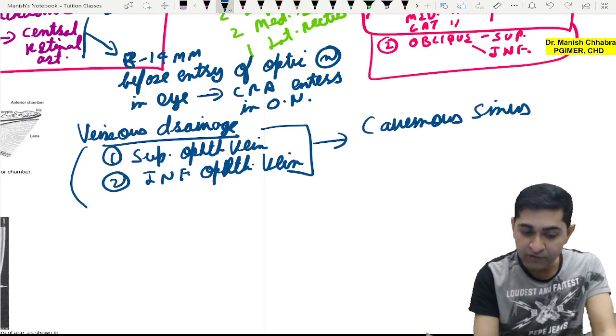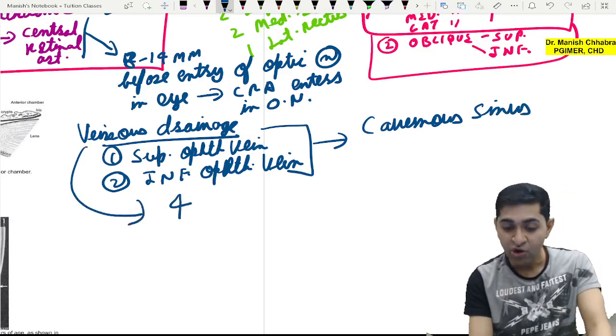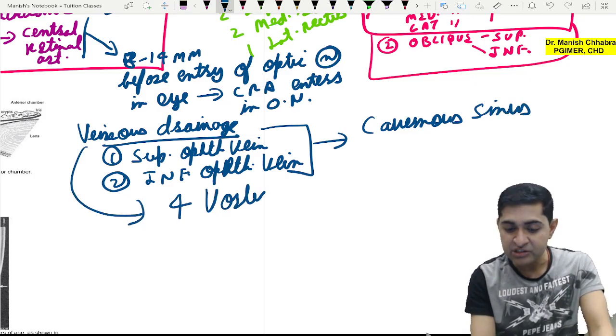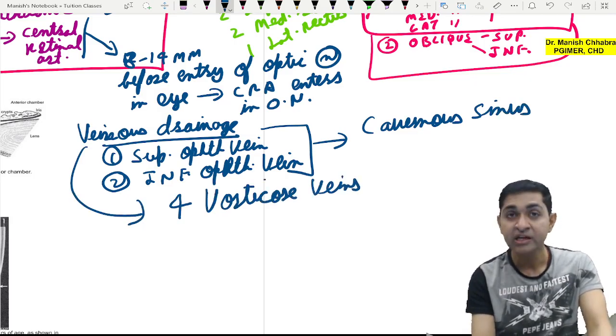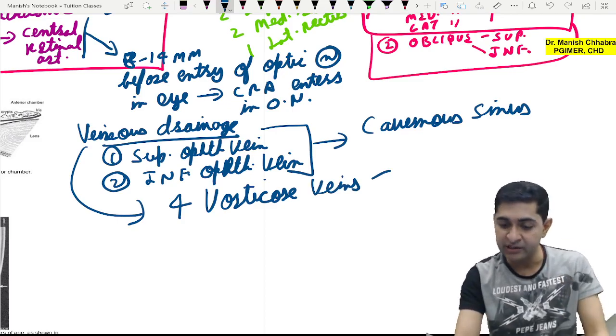Now along with it, there are 4 vorticose veins, one in each quadrant.